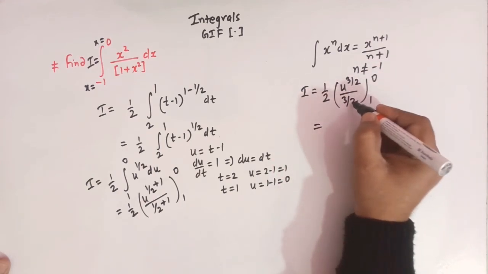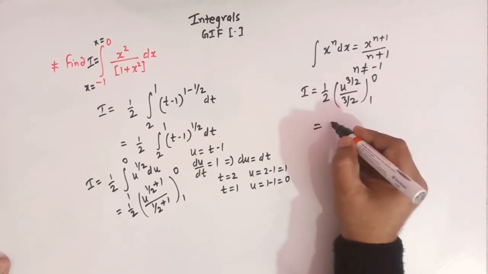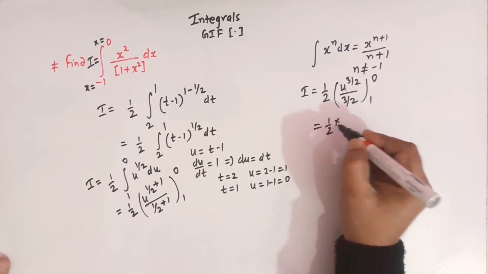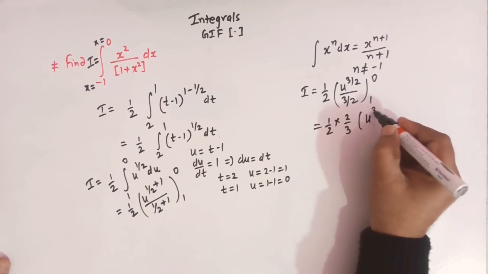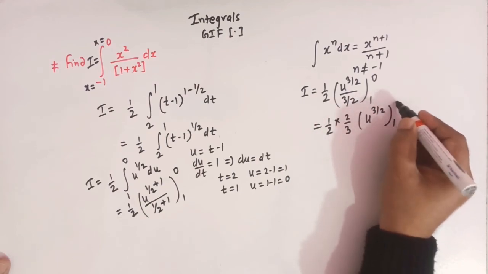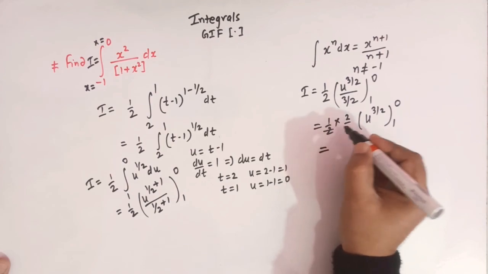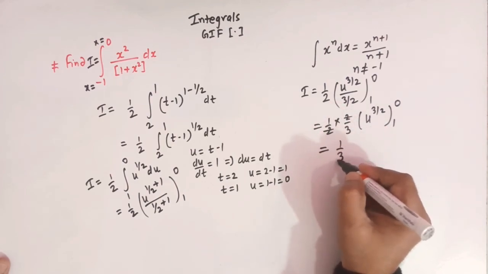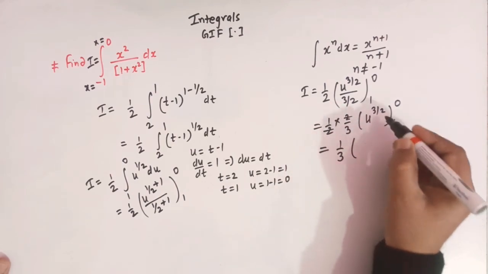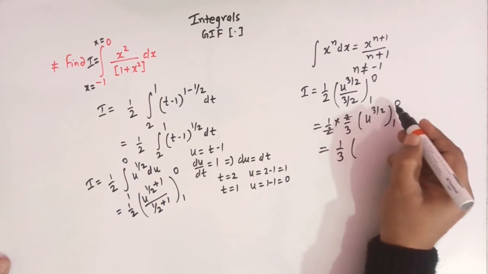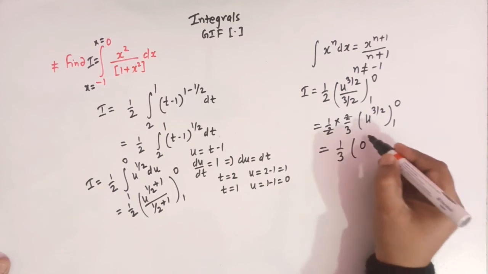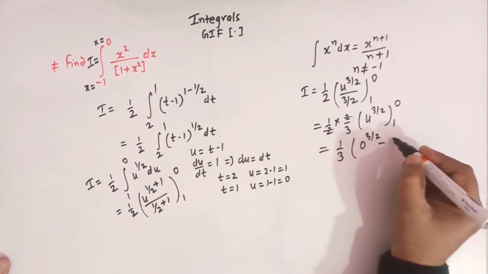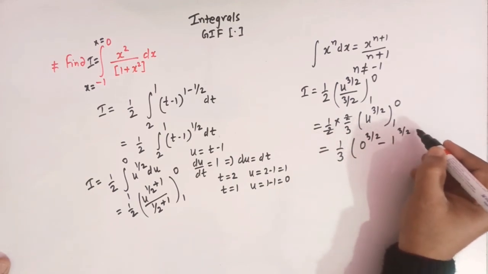Now we can take this 2 to the numerator, so we have half multiplied by 2 over 3, and u raised to 3 over 2 from 1 to 0, and the 2 and 2 get cancelled. We have 1 over 3, and now we substitute the limits and take the difference: 0 raised to 3 over 2 minus 1 raised to 3 over 2.